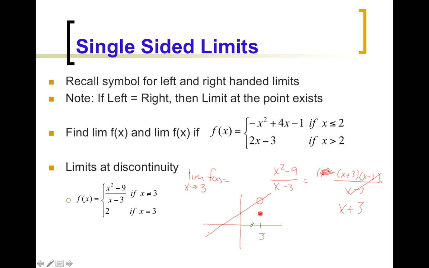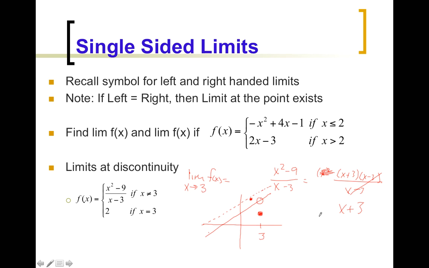So what people get a little bit confused about is this idea of limits. As x approaches 3 from the left-hand side, what is the y value getting really, really close to? And as we approach from the right-hand side, what is the y value getting really, really close to? Well, it's whatever it would have been on the line if it had existed on x plus 3.